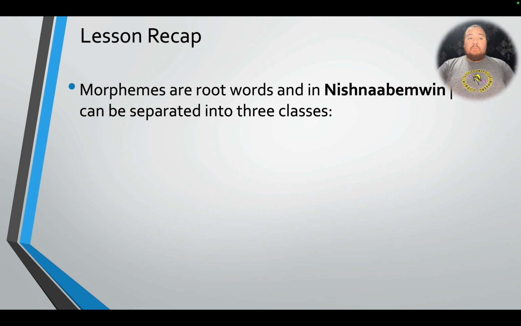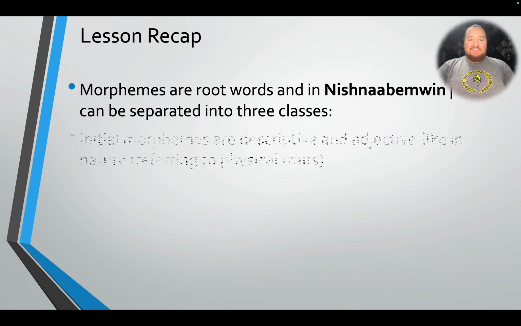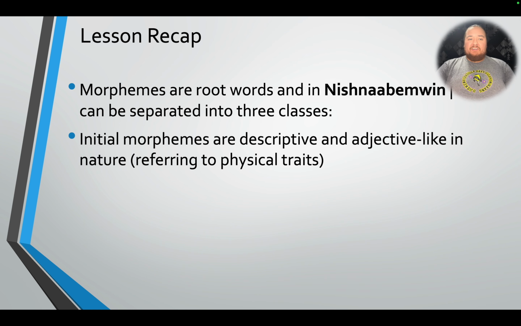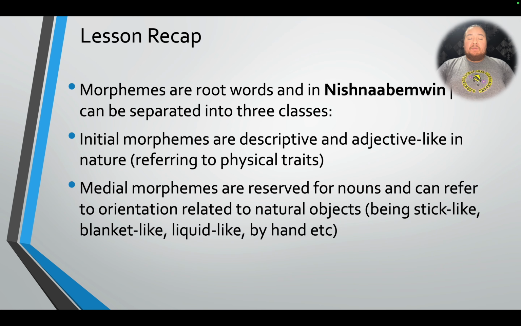Alright, so morphemes are root words in Nishnaabemwin and can be separated in 3 classes. Initial morphemes are descriptive and adjective-like in nature, referring to physical traits. Medial morphemes are reserved for our nouns and can refer to orientation related to natural objects.